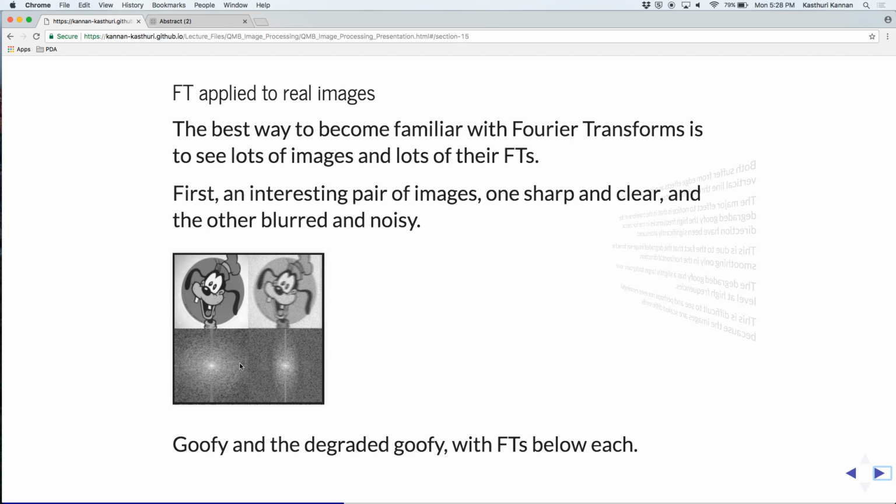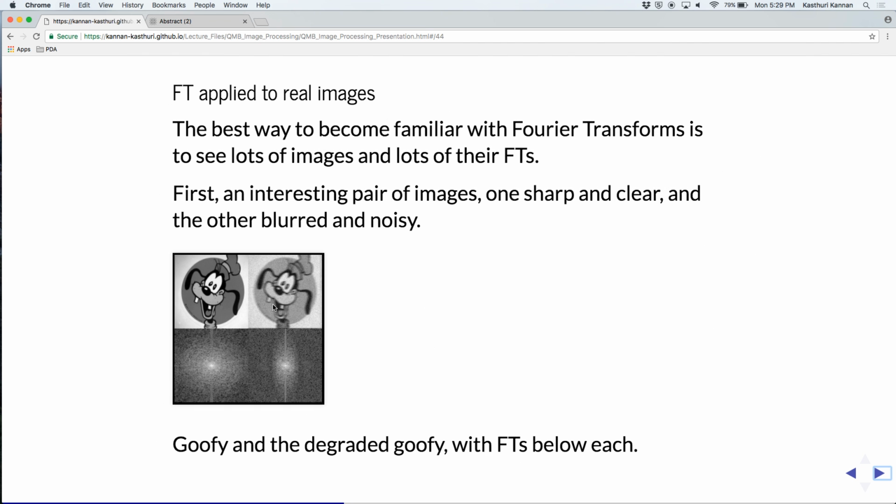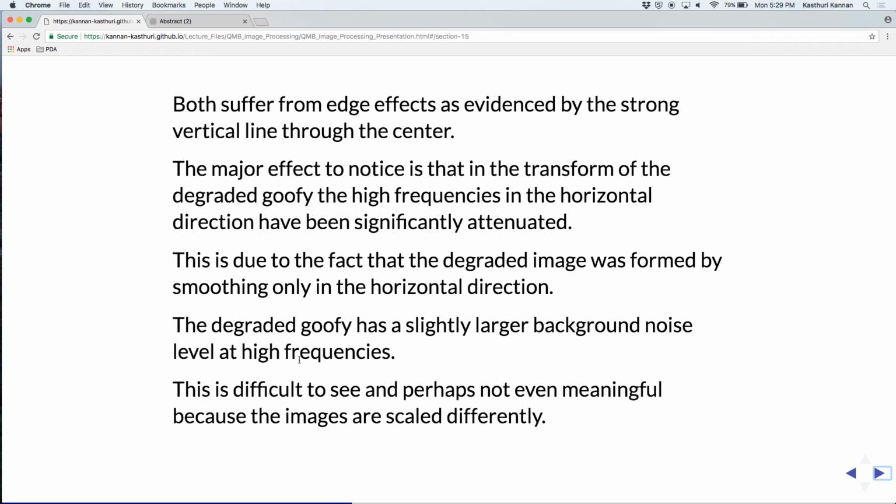Those are the crucial observations here, and that's due to the fact that this image was degraded in the horizontal direction, and so you see that there are frequencies lost in this direction. That's one of the important points: the Fourier transform tends to reflect in which direction the image is degraded.